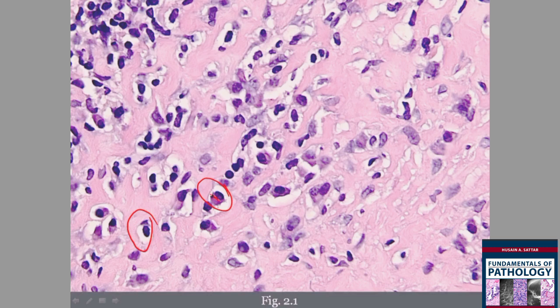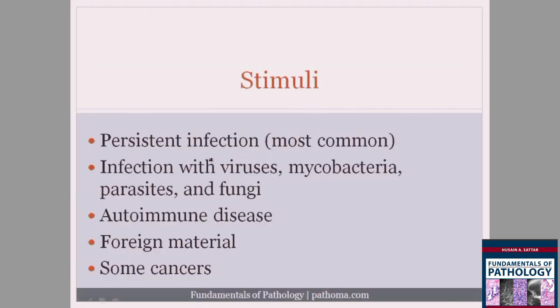I'm going to erase it so you can now see it, but this is the plasma cell with the nucleus pushed off to the side and this little area of sort of glassy, shiny cytoplasm, which is characteristic of the plasma cell. And you can see adjacent to it here is a lymphocyte. So these are the hallmark cells of chronic inflammation.